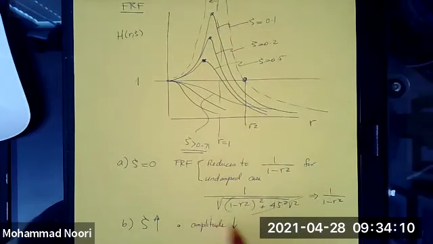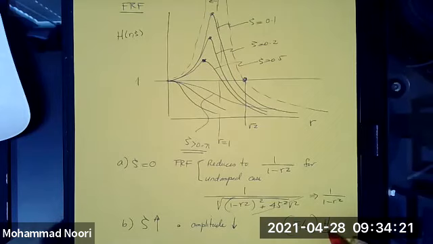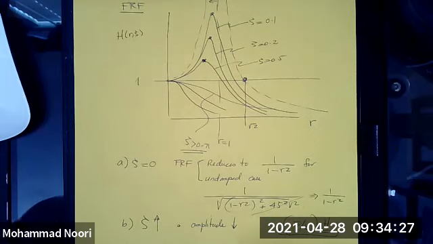In other words, this is decreasing, so the amplitude of the response, which was f0 over k times this h, would decrease.